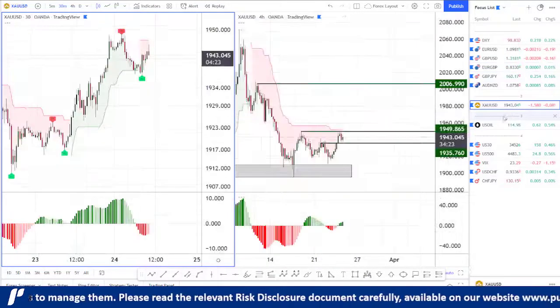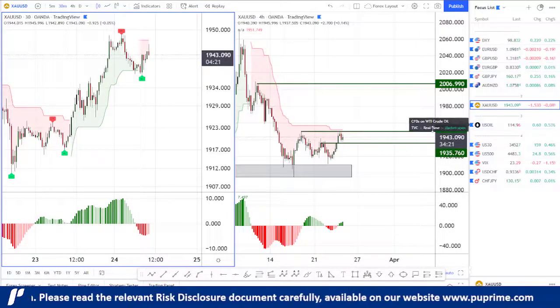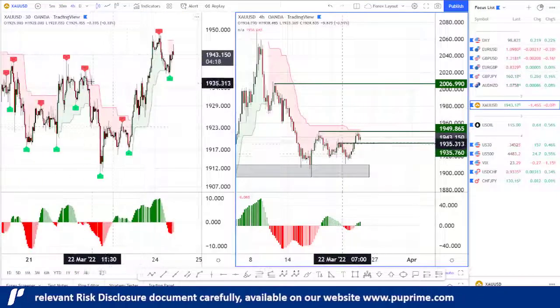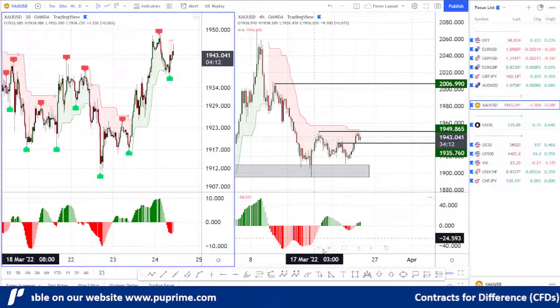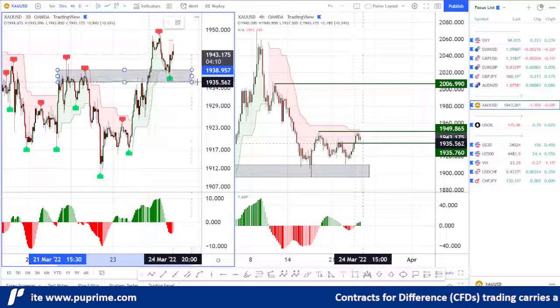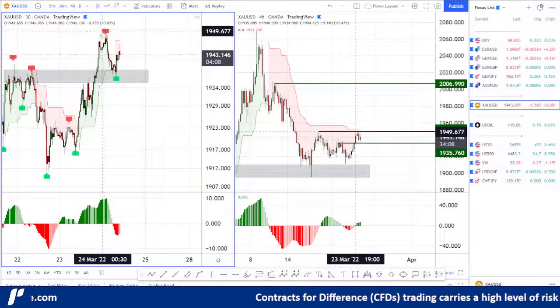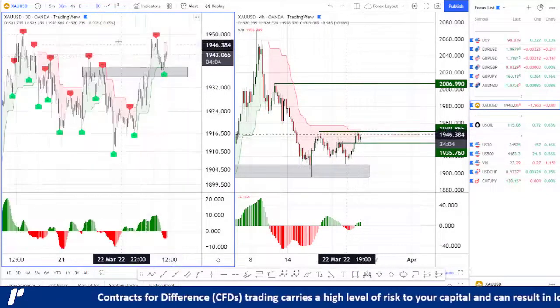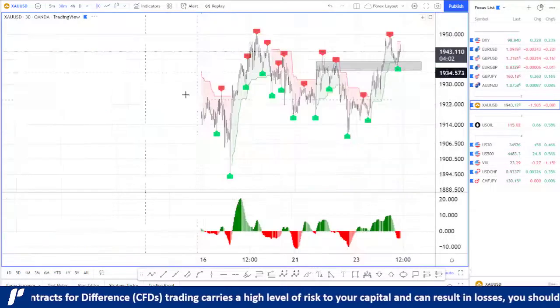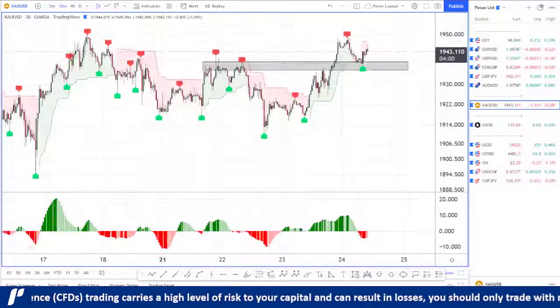Having a look at gold trading, we succeeded in breaking above the key resistance that we mentioned before, 1935 or 1937. That was just around here. We had this brilliant break to the upside. We had a successful retest, and we will again be having a retest of the levels of resistance, the following one, which should be around here.